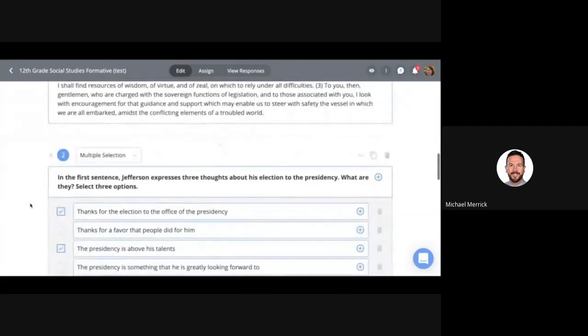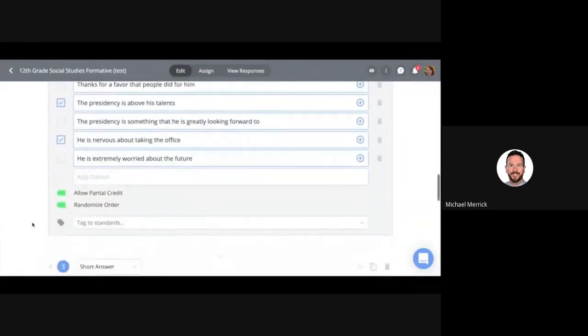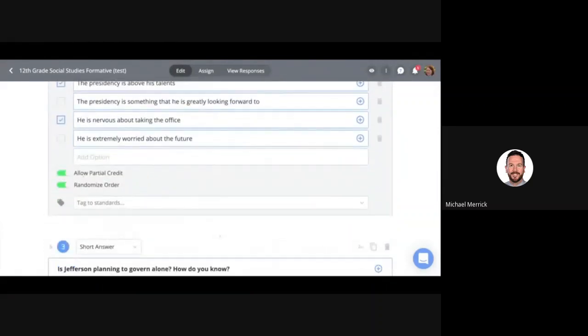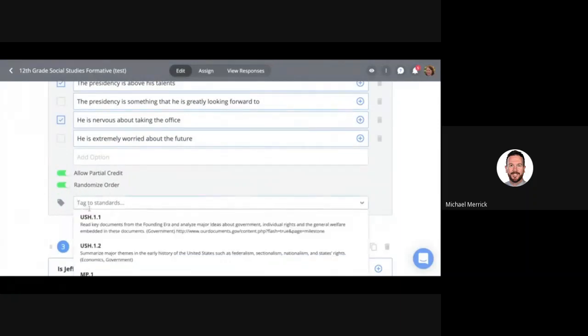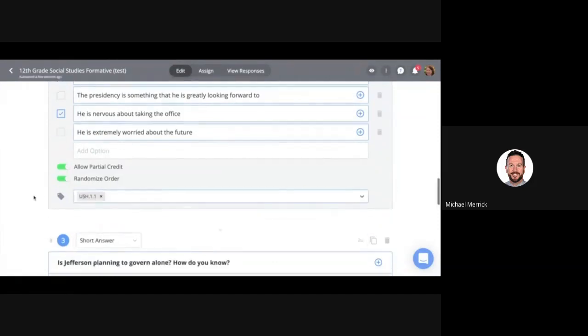For most questions that you add to a formative, you can set an answer key, which allows for auto grading, saving you time. You also have options like allowing for partial credit and randomizing the order to discourage cheating. You can also tag questions to standards, which allows you to track student progress over time.